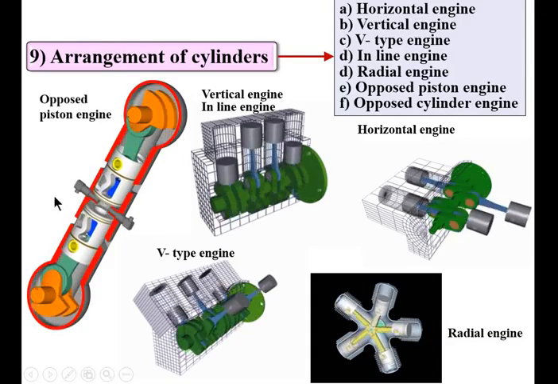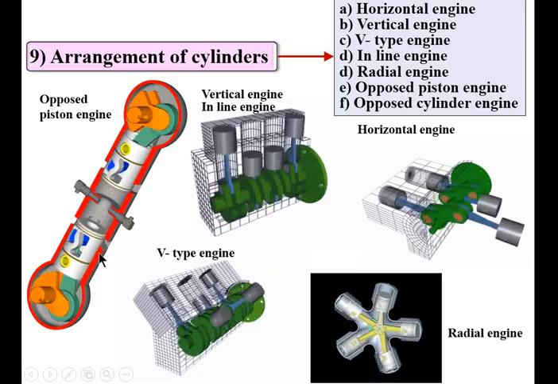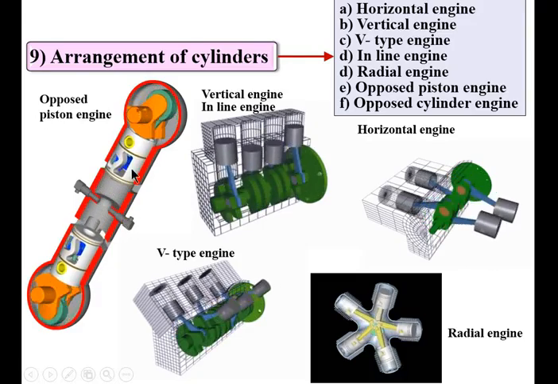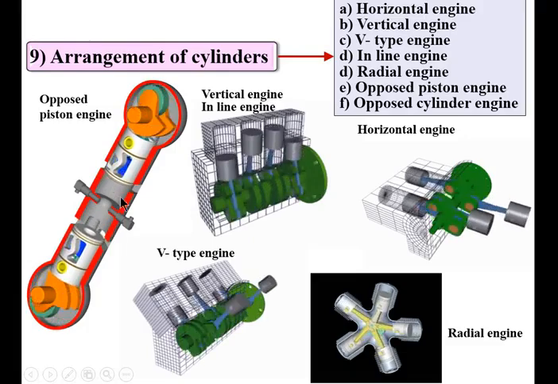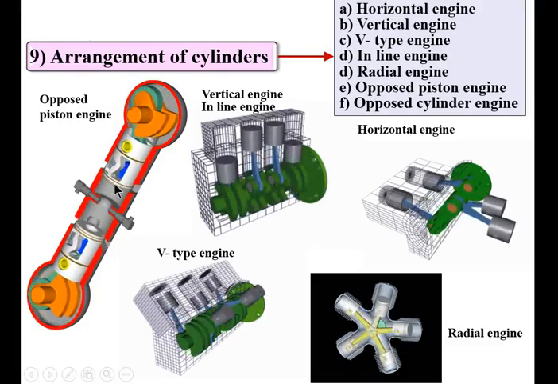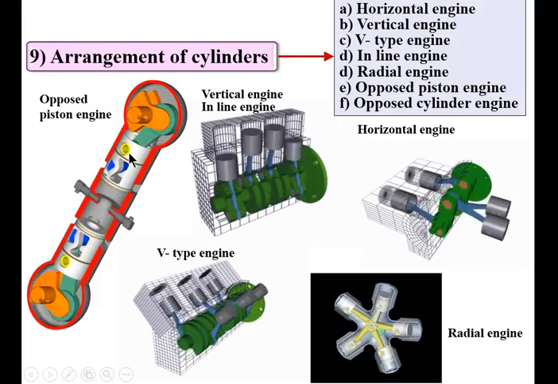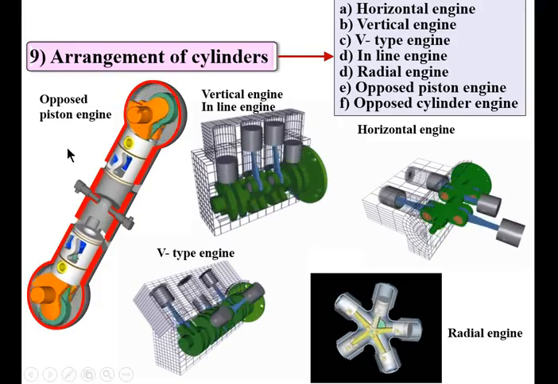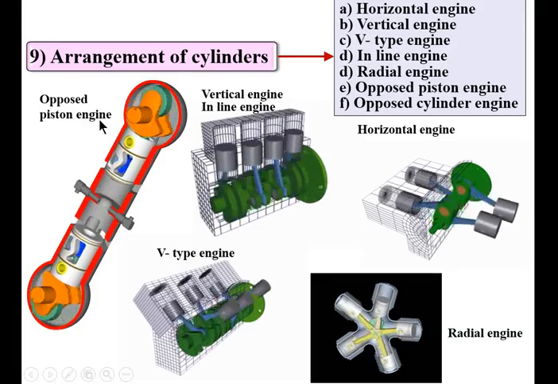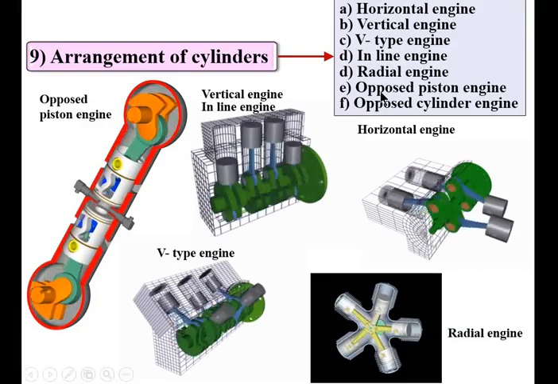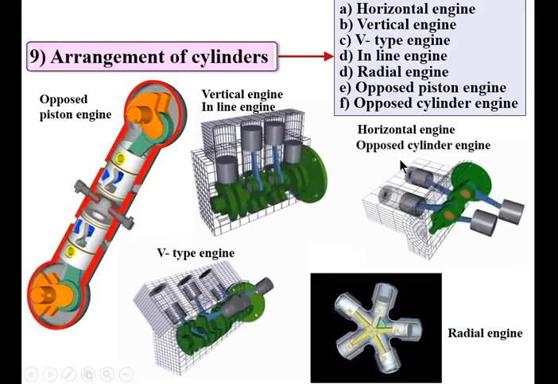Next, opposed piston engine. So look at this figure. In opposed piston engine, only one cylinder is used, in which two pistons are reciprocating in opposite directions. That's why it is called the opposed piston engine. Next, opposed cylinder engine.